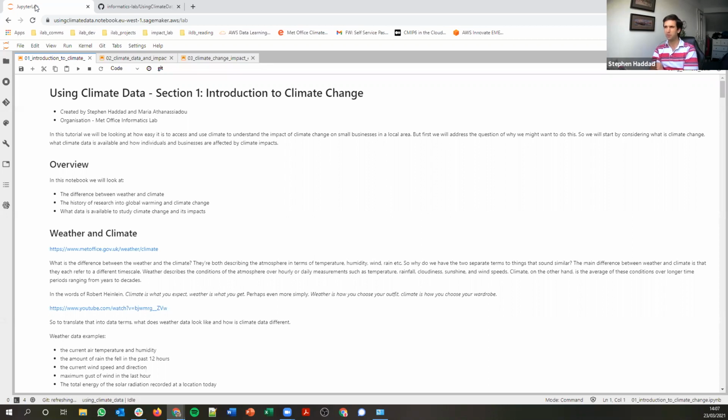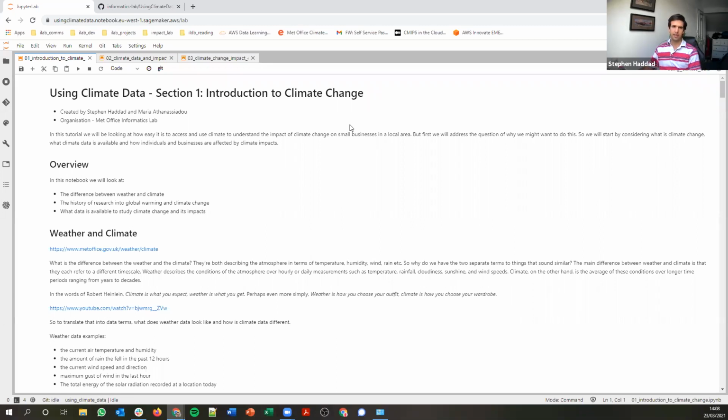And there might be some audience participation at this point, so get ready to answer the odd question. And then in section 3, we will look at some example code of how to extract relevant climate data to do some analysis on climate impacts for particular business cases.